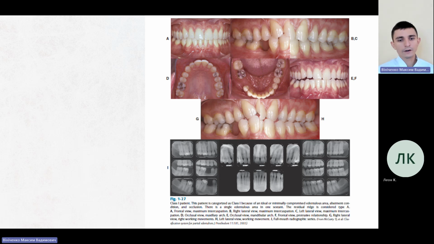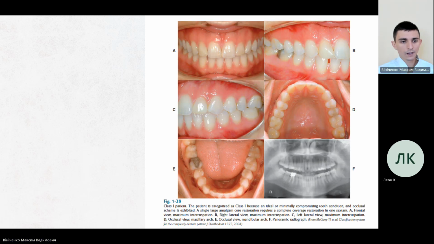This patient is characterized as class 1 because of an ideal or minimally compromised edentulous area, abutment condition, and occlusion. There is a single edentulous area in 1 sextant. The residual ridge is considered type A. Here you can see a class 1 patient. The patient is categorized as class 1 because an ideal or minimally compromised tooth condition and occlusal scheme is exhibited.